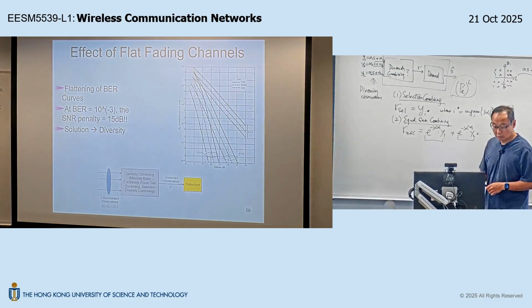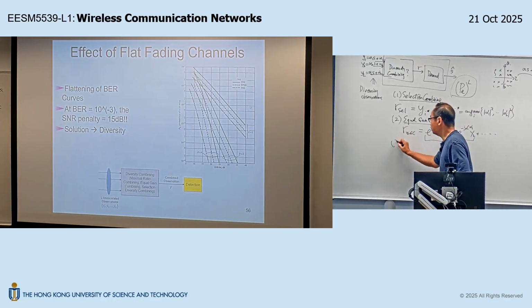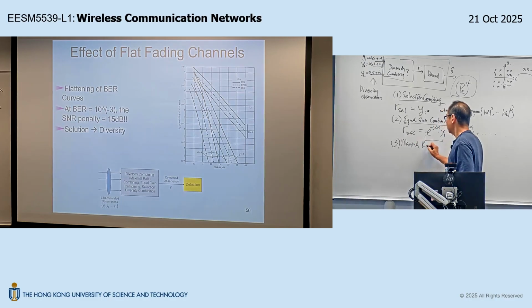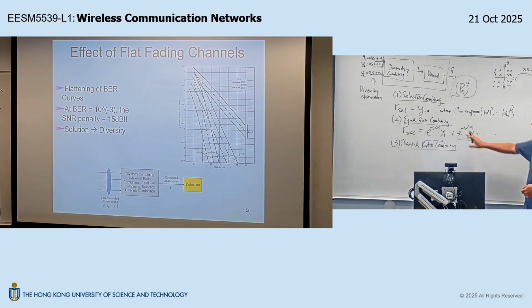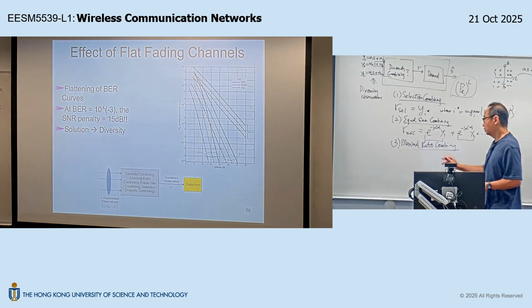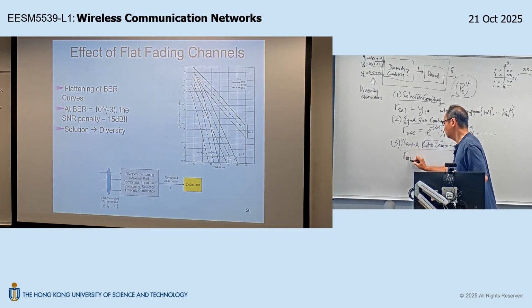So in order to improve on this, the third way is called maximal ratio combining. It's trying to combine the benefits of method 1 and method 2. So instead of doing this sum equally, the idea is you should do a weighted sum, weighted by the reliability. So this is called MRC.